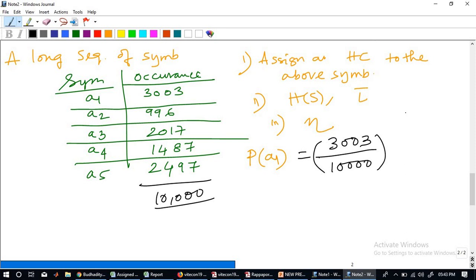I will change this. Mostly they will follow the minimum variance Huffman only. So even if nothing is mentioned, just go ahead with the minimum variance.